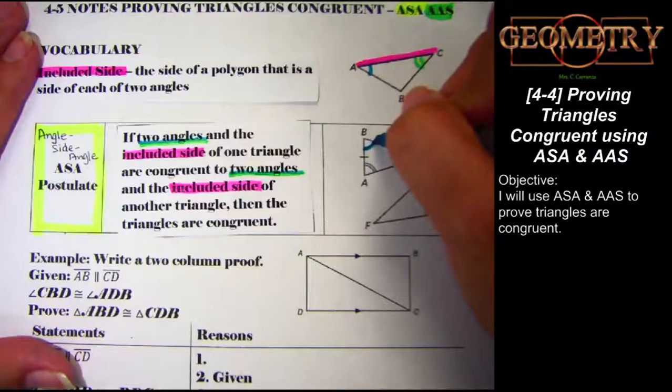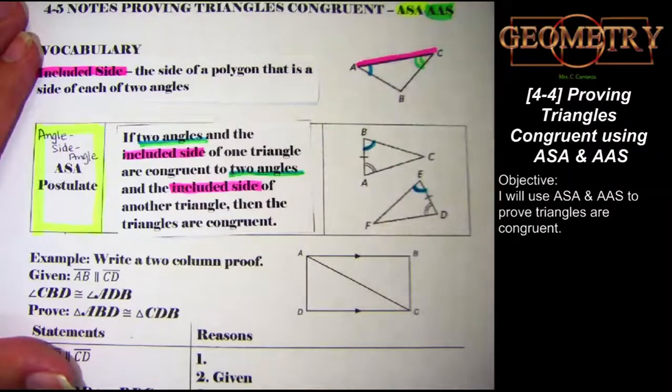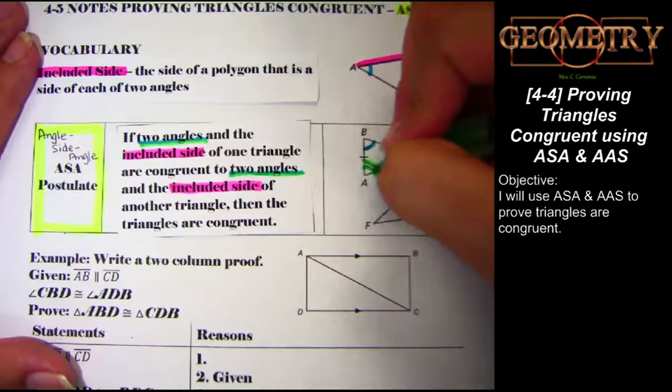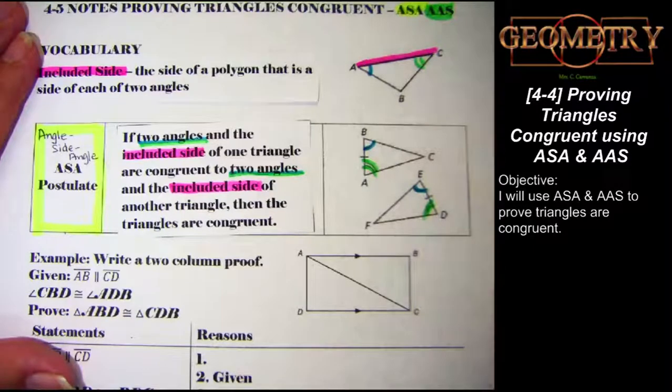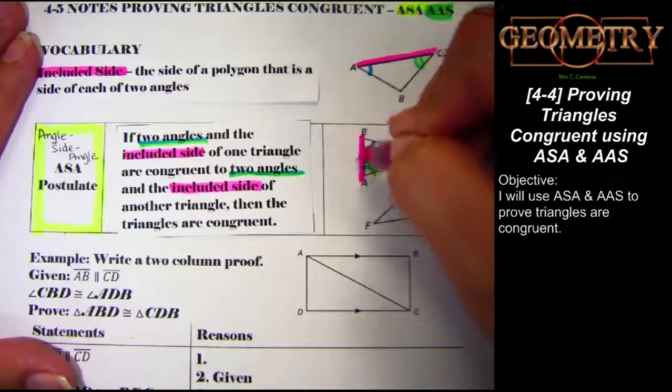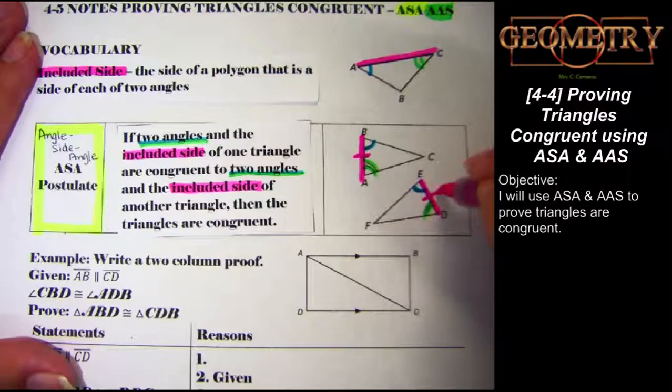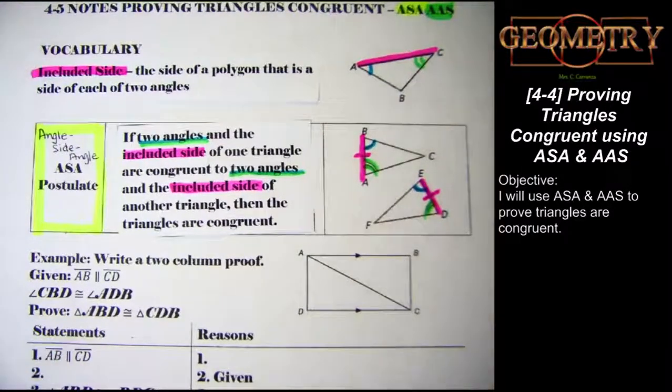So here's what the picture looks like. Note, two pairs of congruent angles, and then the side connecting the vertices of those angles are congruent.